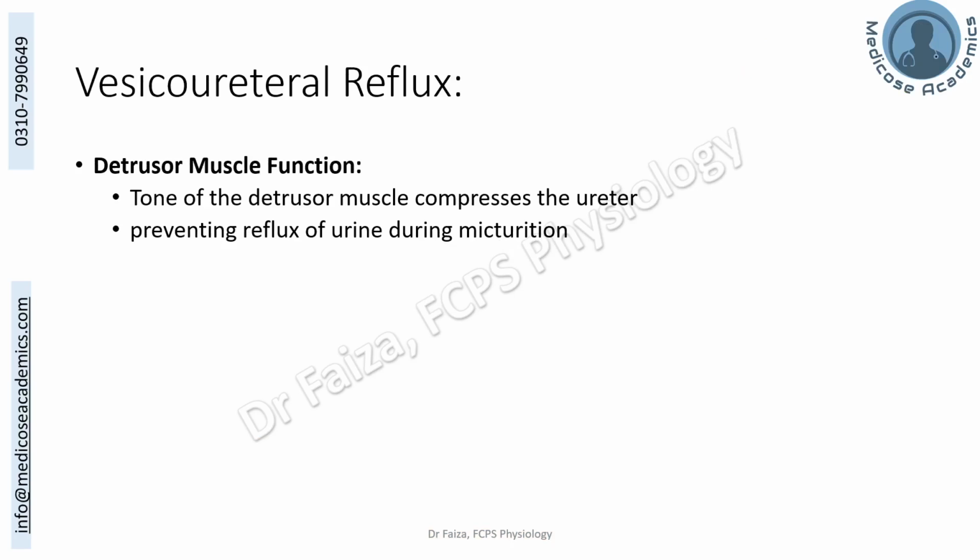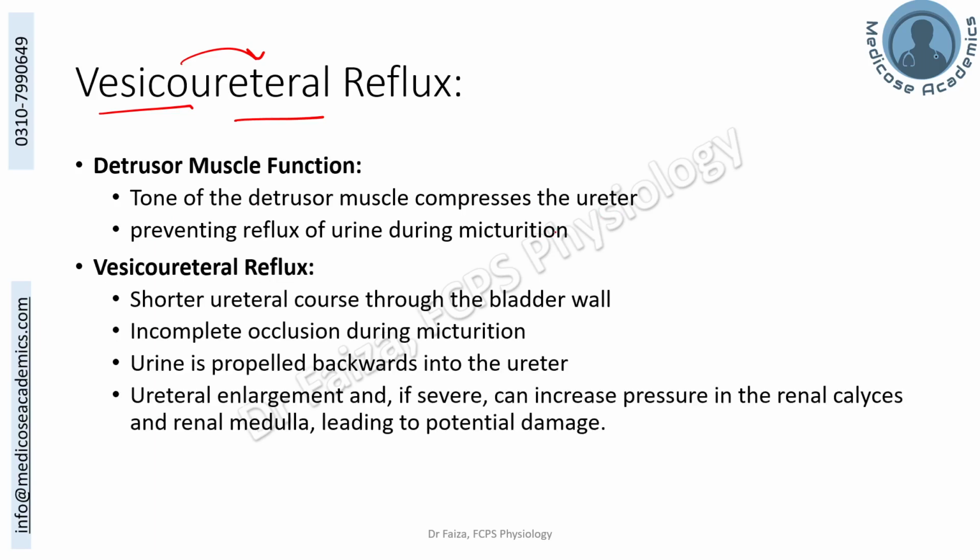Vesico-ureteral reflux is an abnormal phenomenon in which the urine will be backflowing from the bladder to the ureter. Vesico for the vesical wall of the bladder and ureteral for ureter. Detrusor muscle is functioning normally to compress the oblique portion of the ureter so that the urine may not backflow into the ureter.